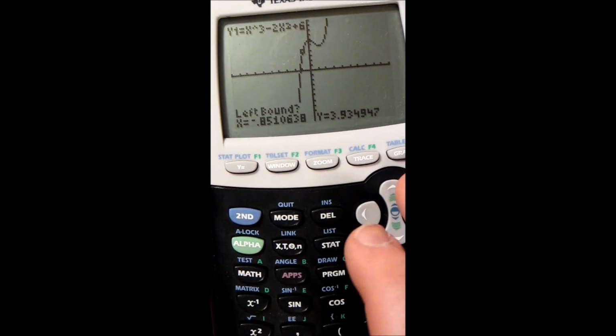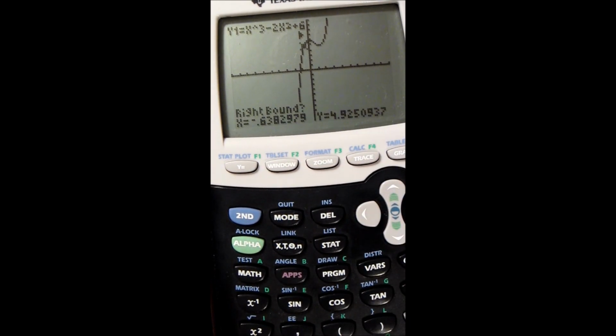Hit enter, and then you scroll over to the other side and hit enter again. Now it says guess, and you hit enter. And there is your maximum, which is y equals 6 at x equals 1.15 e negative 7.